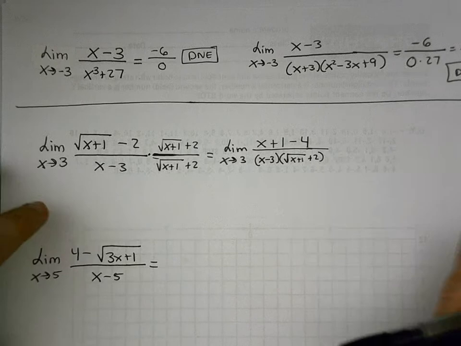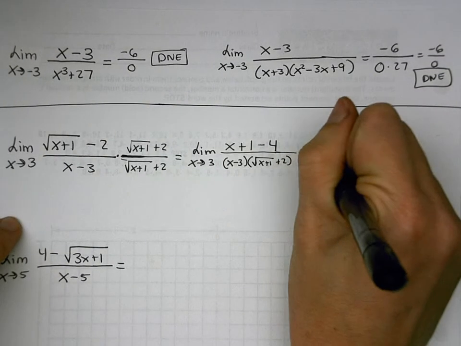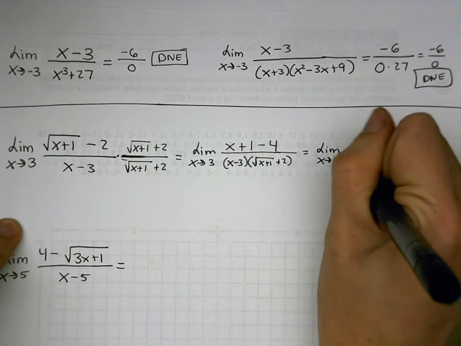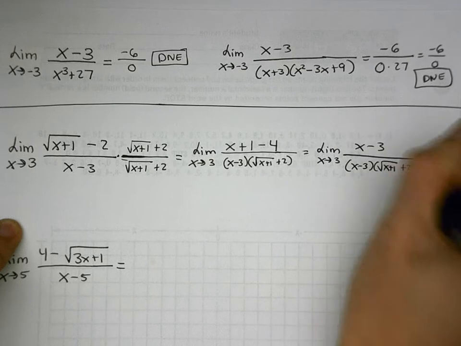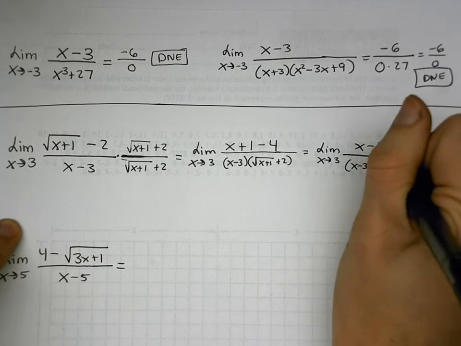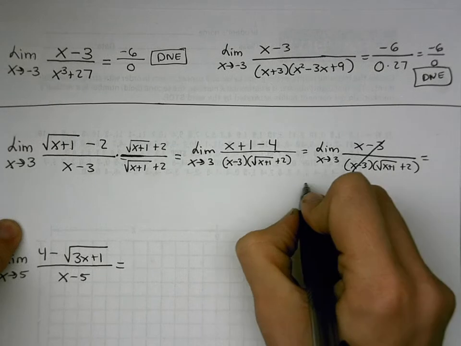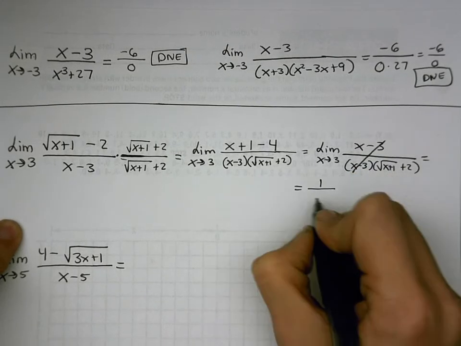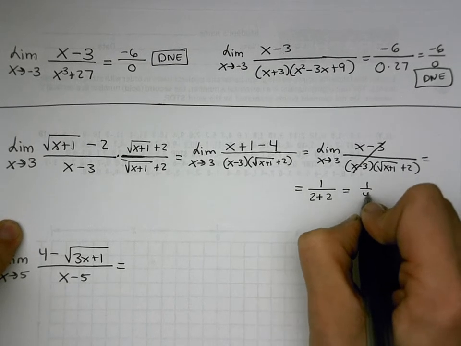X plus 1 minus 4 is the same thing as x minus 3 over my denominator, which means the x minus 3's are going to cancel. And so what am I left with? I'm left with 1 over, plugging in 3, root 4, which is 2 plus 2, which is 1/4.